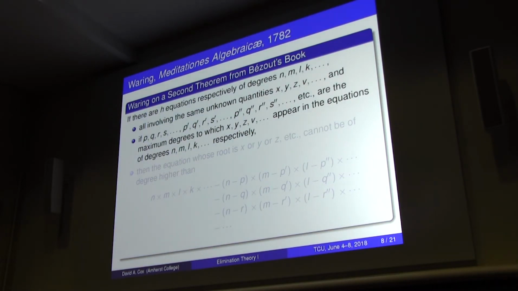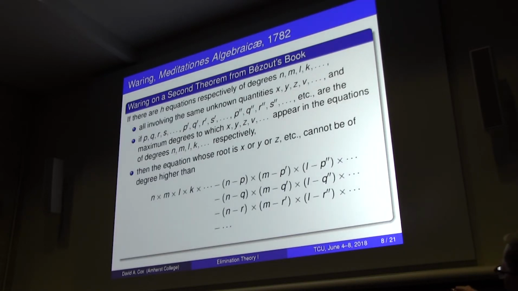And so here we're no longer in what we call the dense case. We really got a more sparse case because of these bounds on the individual degrees. And then again, when you eliminate all variables but one, what you get, and he actually gives the formula, is the product of degrees, but then there's a correction term dictated by how these individual degree bounds interact with the total degree.